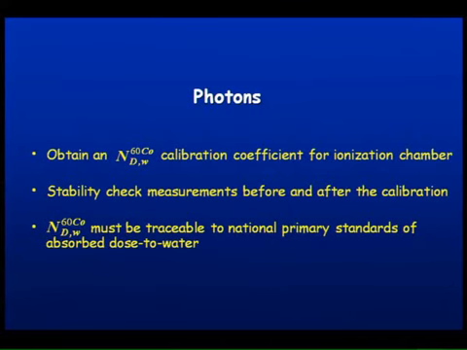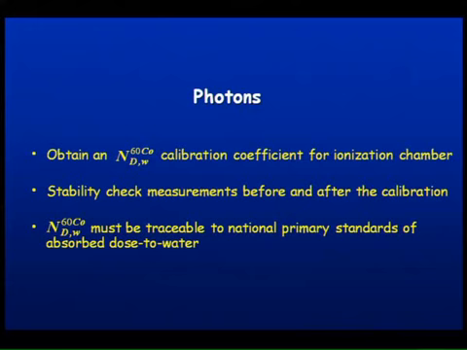There was a good bit of discussion a few minutes ago about how chambers can get messed up during transit, what UPS can do. So it's important to perform stability checks of your chamber before you send it out to the calibration laboratory, and repeat the same after you receive the chamber.